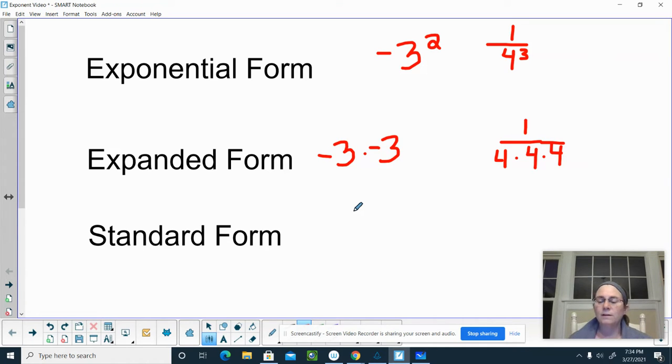Standard form is the solution or the answer. So -3 times -3, a negative times a negative is a positive. And over here, 1 over 4 times 4 times 4 would be 1 over, and then I multiply out. What's 4 times 4? Well, that's 16, times 4 is 64.